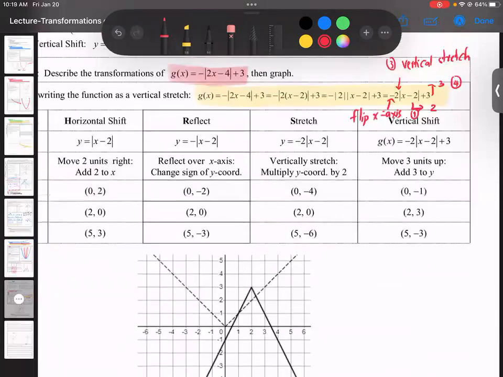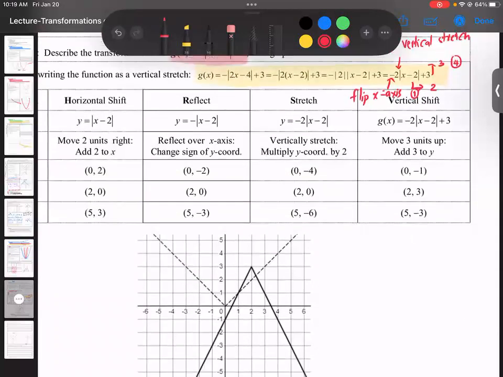Let me do this by hand first, and I'll show you how the rest looks. Move to the right 2. So here's my parent graph. I move to the right 2. It looks kind of like that, right?